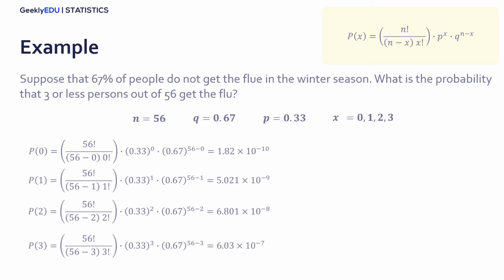Now, we have to sum these probabilities to get P of x less than or equal to 3, being 6.76 times 10 to the power minus 7.